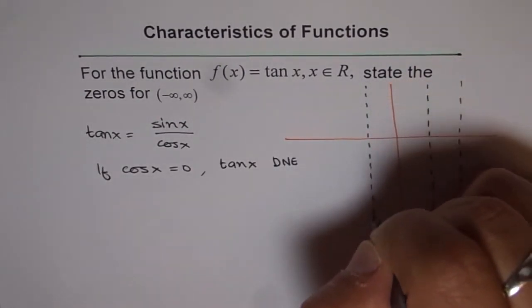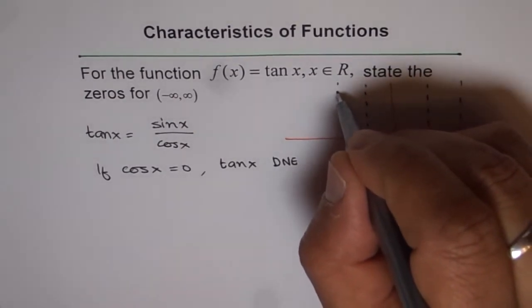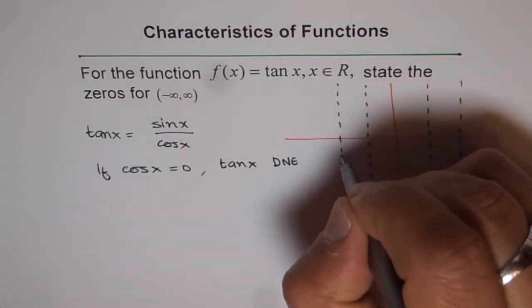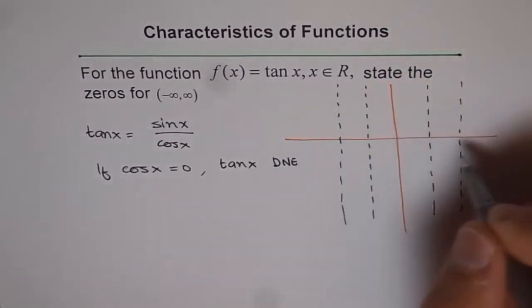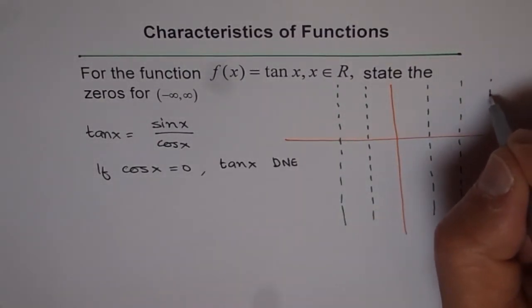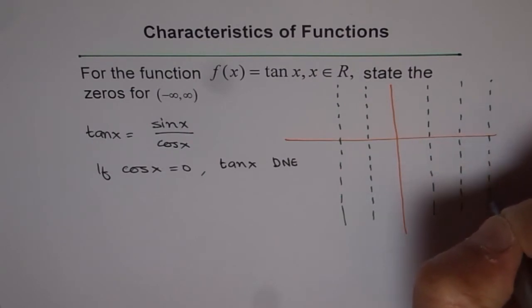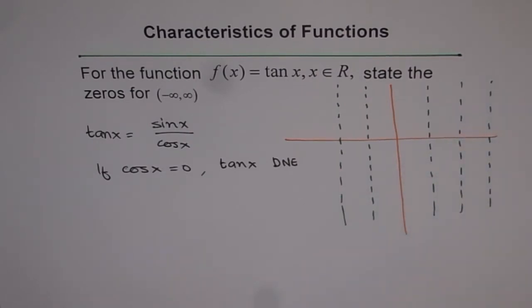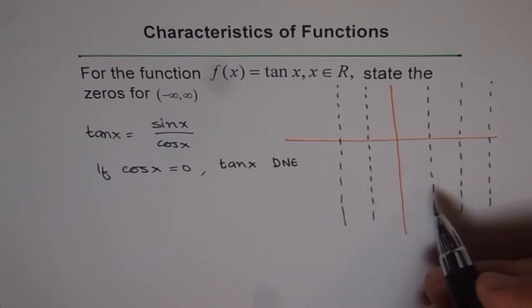Cos is an even function, and so it is symmetric about the y-axis. So its zeros will be similar on both sides. So we have these as the vertical asymptotes for tan x, because at these points cos x will be 0.